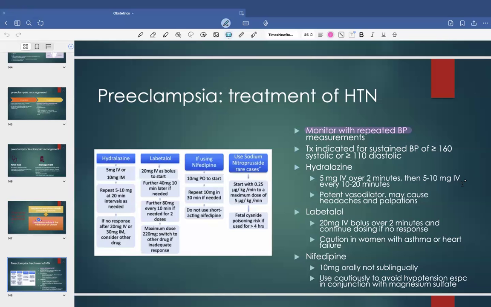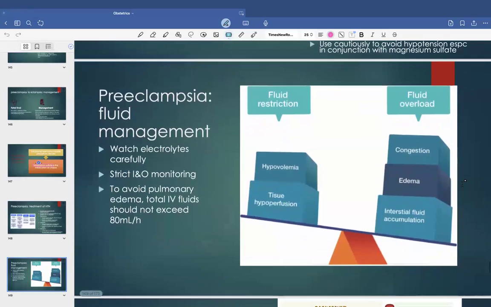You want to do strict intake and output monitoring to avoid pulmonary edema. Total IV fluid should not exceed 80 milliliters per hour. This is in the hospital. Watch the electrolytes, strict in and out monitoring, and do not give more than 80 milliliters per hour of IV fluids, to avoid fluid overload.